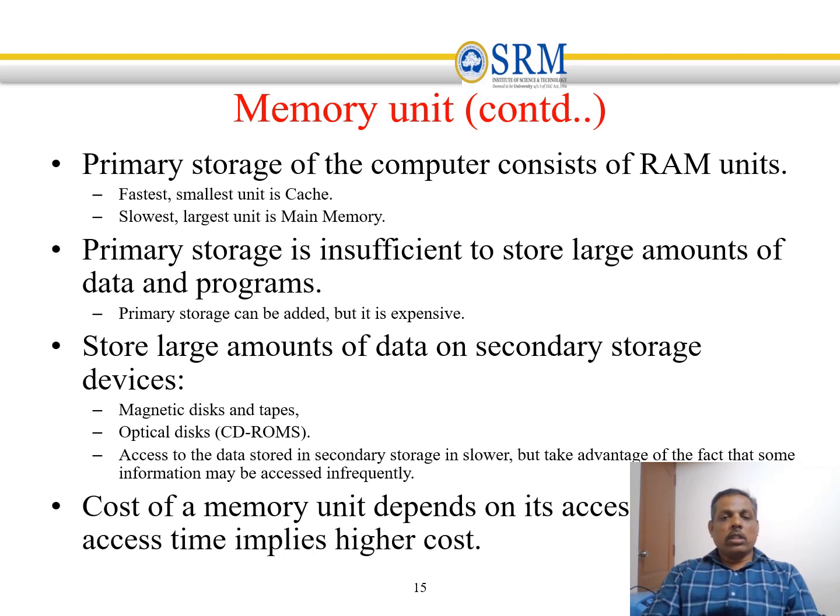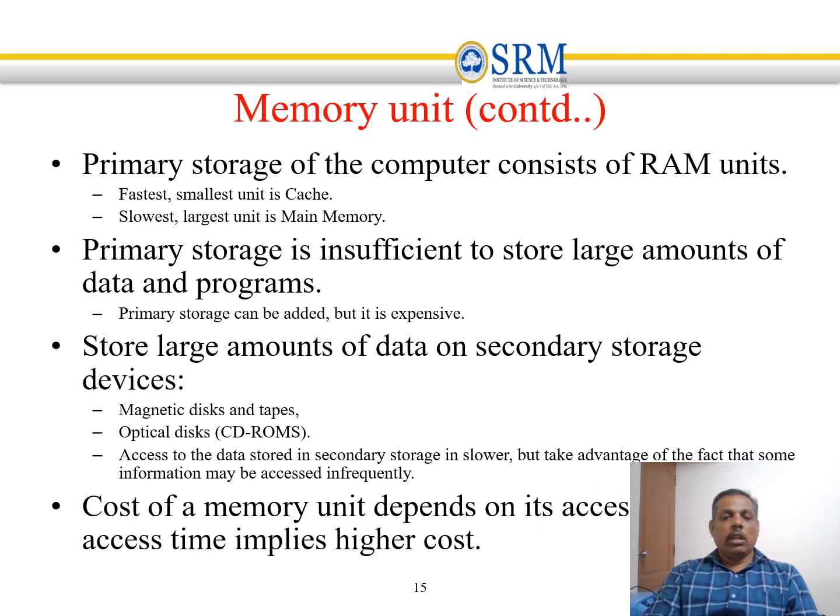Normally, the primary storage of a CPU is designed using random access memory, which is the fastest and the smallest. The primary storage is insufficient to store a large amount of data.